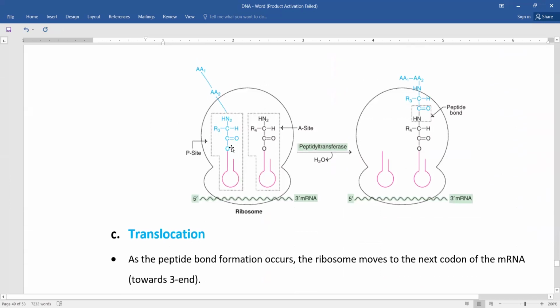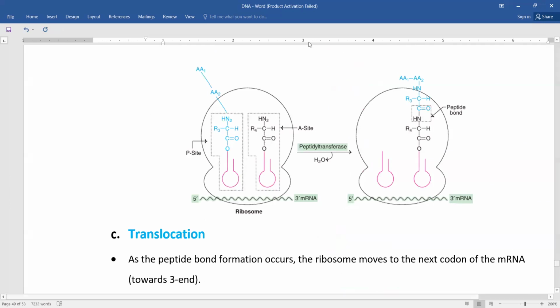See, this is P site, this is A site, this is a small peptide. So this is the latest amino acid at the P area. This is the newly came amino acid tRNA with an amino acid.